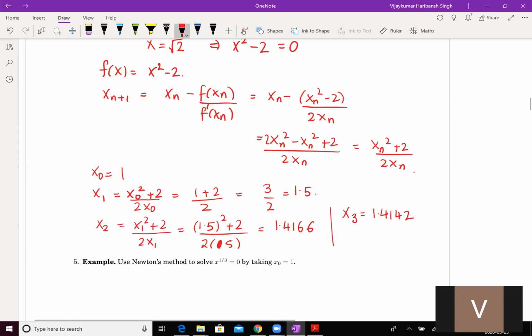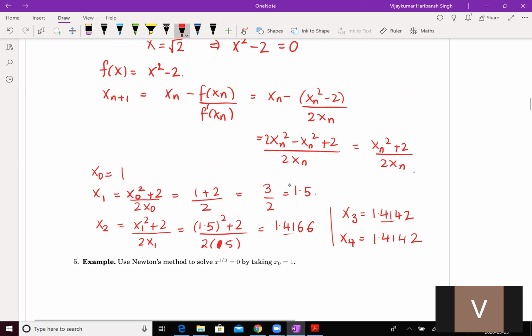You see, now it's already what? If I was asked to be accurate up to 2 decimal places, I would stop because the first 2 decimal places have become equal. But since I'm asked about 3 decimal places, I'll go for x4 now. When I compute x4, I get again 1.414.